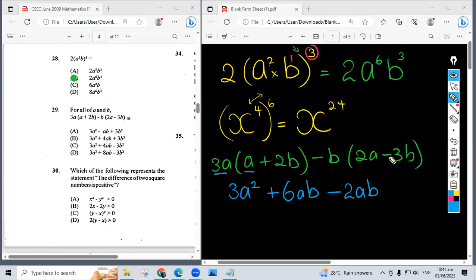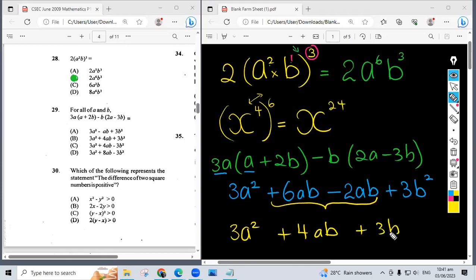And minus B by minus 3B is positive 3B squared. Okay, because B by B is B squared. These two, you can combine them because both of them have similar letters, AB and AB. So you're going to get 3A squared plus 4AB, that's when you squish these two together, plus 3B squared. Which one is that? The answer would be B for this one.